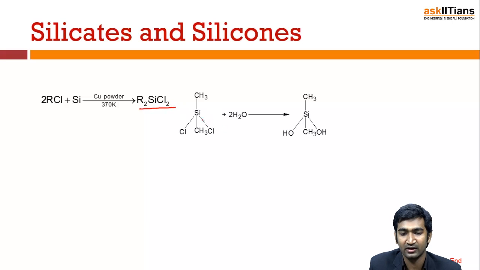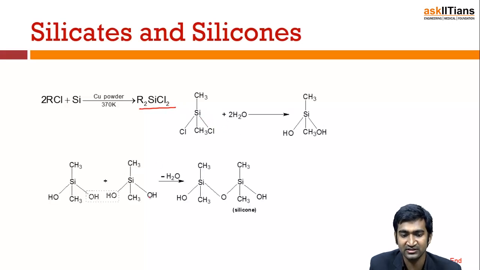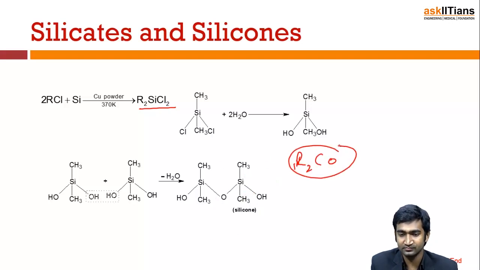Then you hydrolyze this one and you will get R2SiO units, and this is a silicone again. So it is an R2CO type. This is how it is prepared by hydrolysis of R2SiCl2.